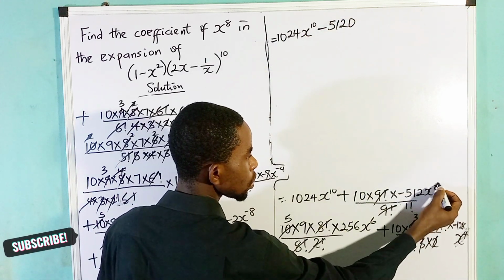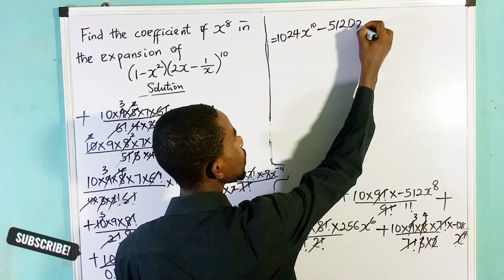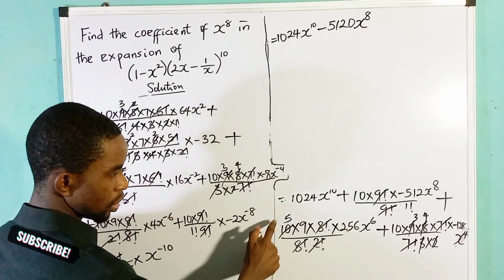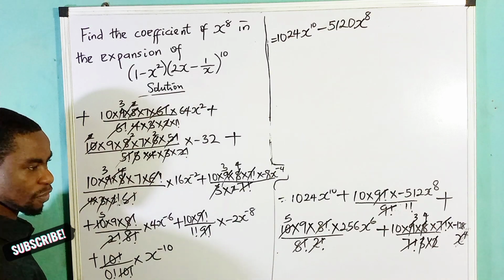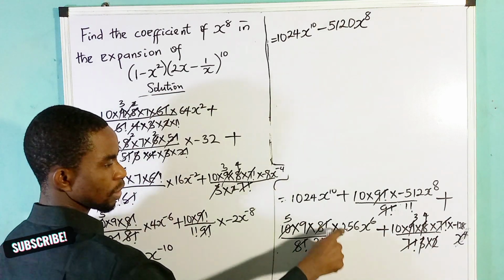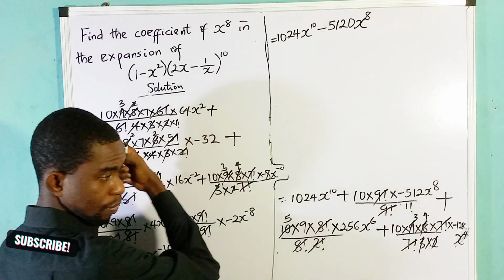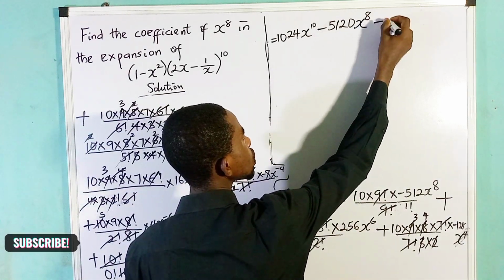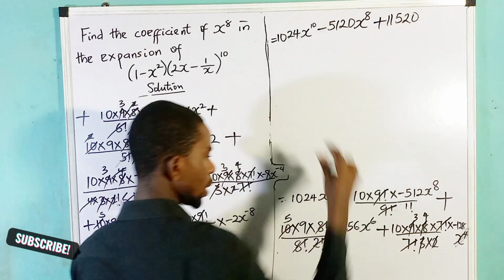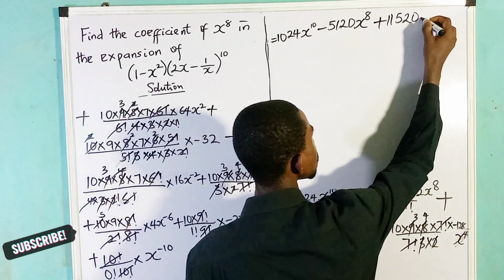This is 8, sorry, x raised to the power of 8. And for this, we have 5 times 9, which is 45, times 256. Here you are going to have 11,520, and that's positive 11,520x to the power of 6.